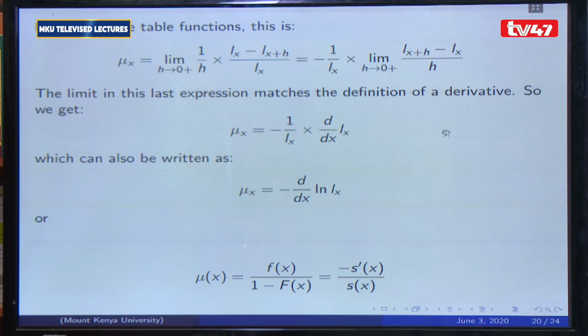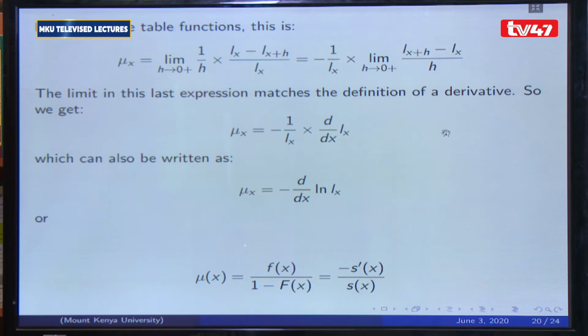So in terms of life table functions, this is how we prove that mu x is given by the limit as h approaches 0 of 1 over h multiplied by lx minus lx plus h. And we can show that mu x is equal to the negative inverse of lx multiplied by the derivative of lx.